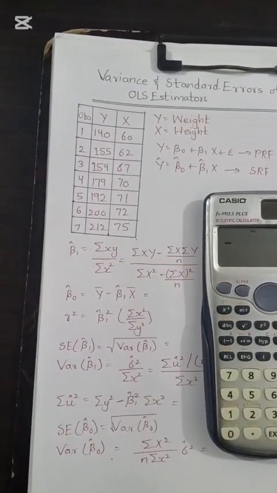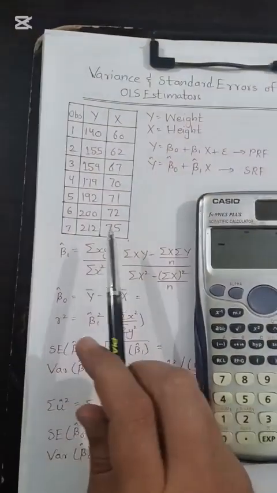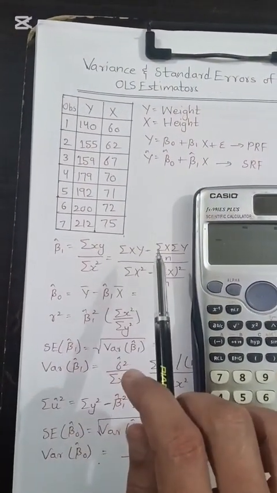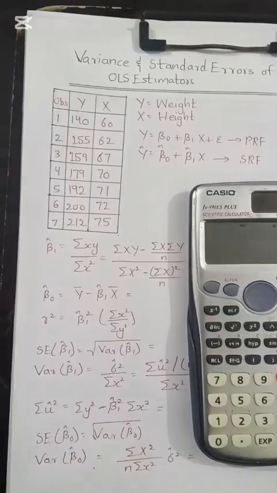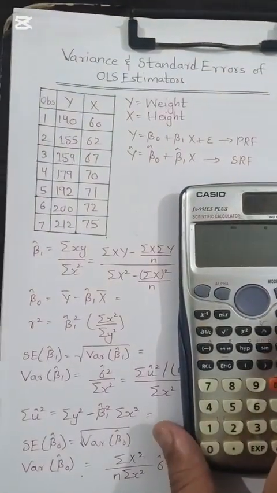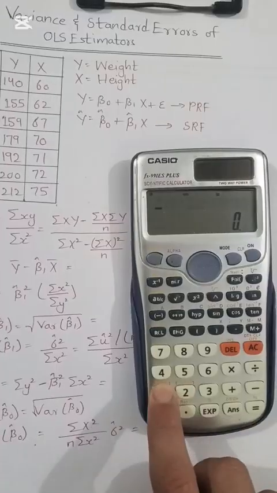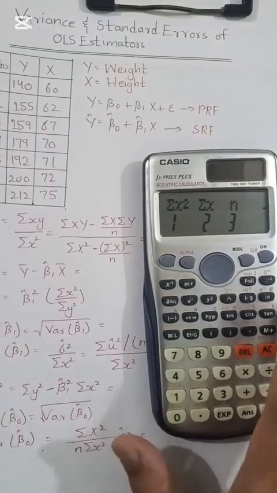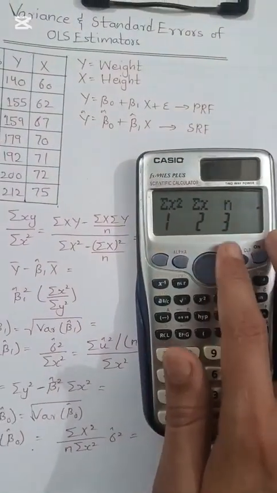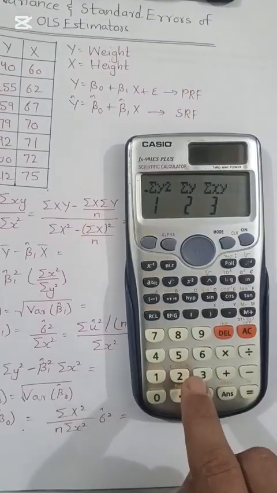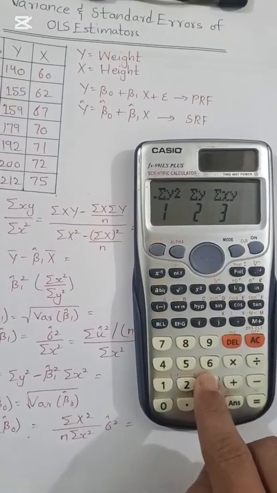Now we first find the sum of small xy. To find this we have given the formula. You need to press shift and then press 1, then find the sum of xy, and go to next, and you can see that it is at option 3.